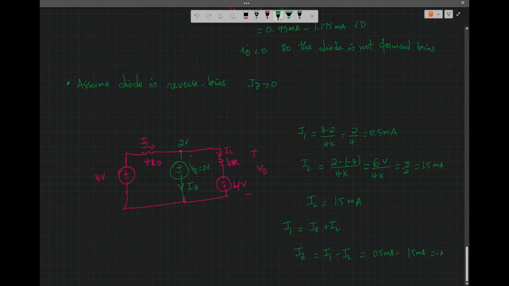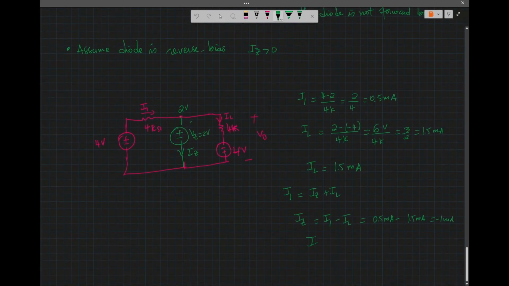So that's minus 1 milliamp, which is negative. So IZ, minus 1 milliamp, is less than 0. So IZ is negative. So the diode is not reverse bias.